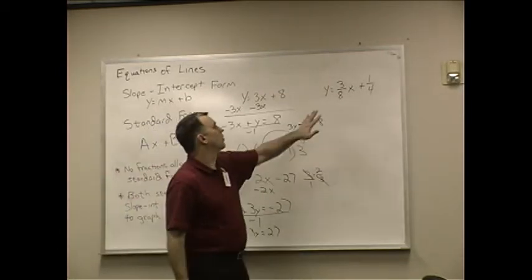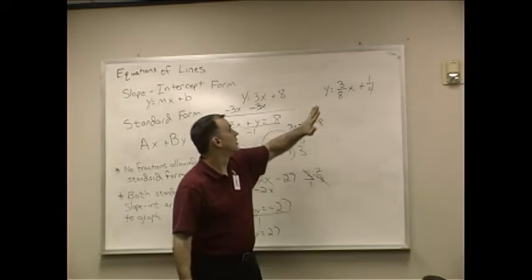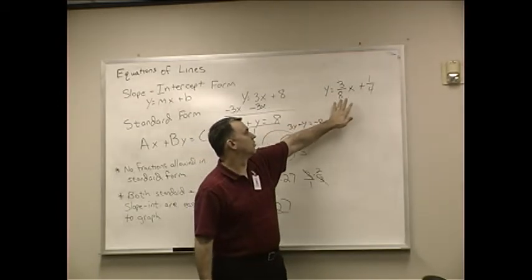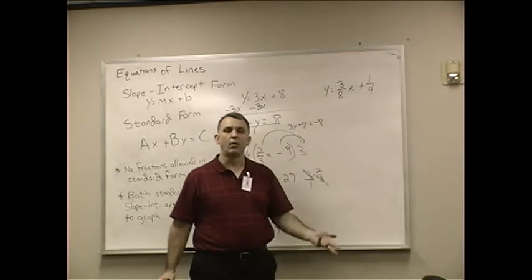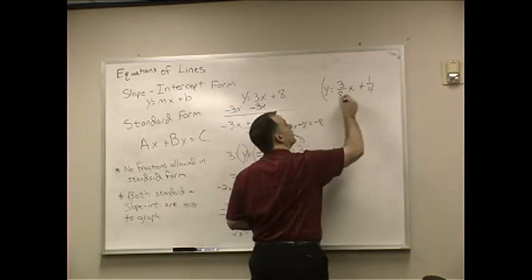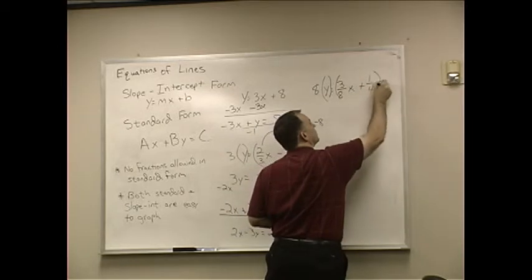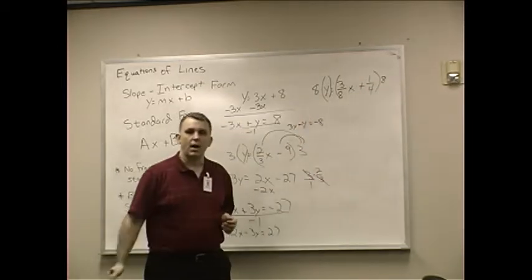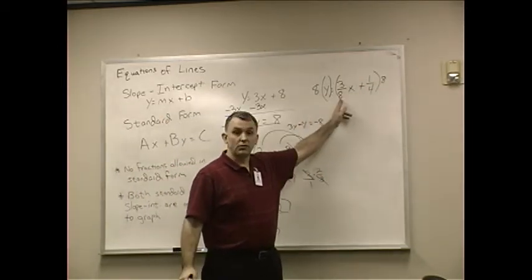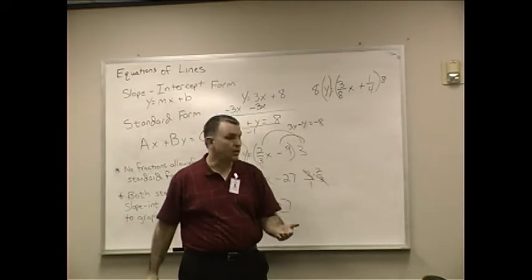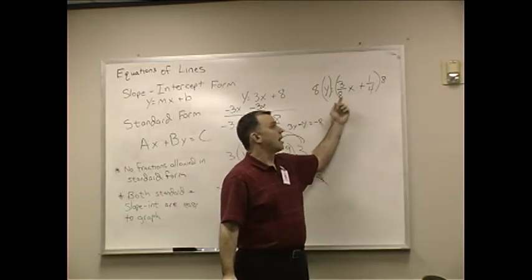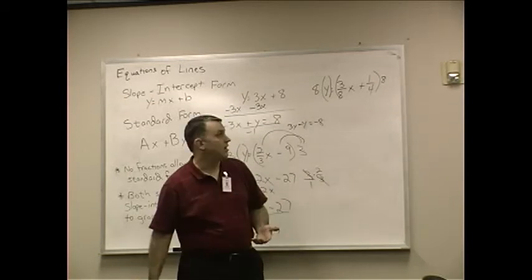All right, for the last one, I've got y = 3/8 x + 4. I'm going to multiply both sides by 8. Why did I choose 8? Not because it was the biggest one, but because it was the least common multiple. The least common multiple between 4 and 8 is 8.